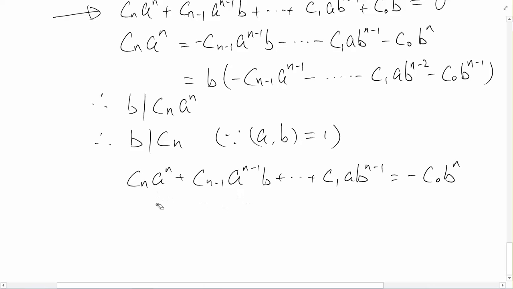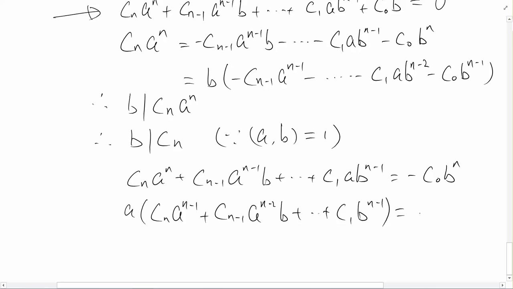Again, you can take one a out from each of the terms on the left hand side. So we have a times (Cn a to the power n minus 1, plus Cn minus 1 a to the power n minus 2 b, plus dot dot dot, the last is C1 b to the power n minus 1) equals minus C naught b to the power n.